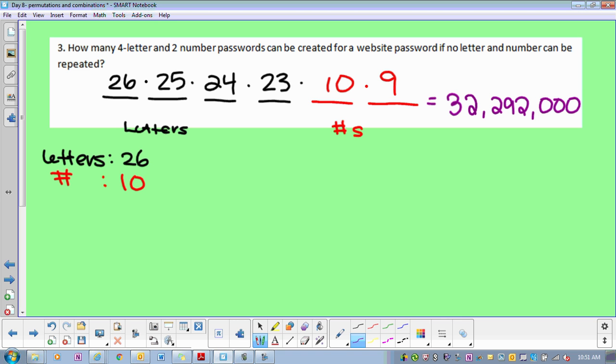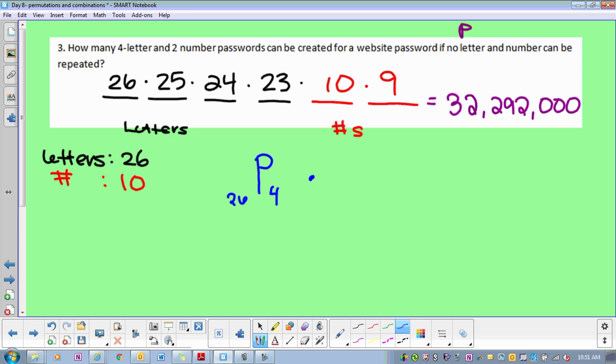So we said that order matters here. So this is a P situation, right? So you could do it this way, or you could do it with the permutations, and then it'll be 26 letters, and you place 4, right?